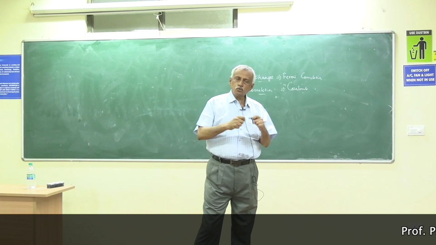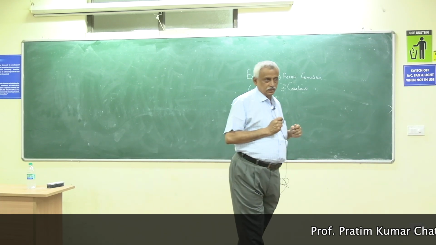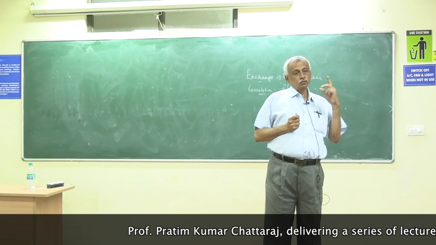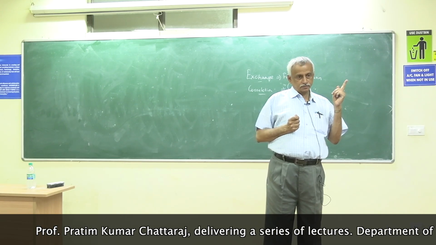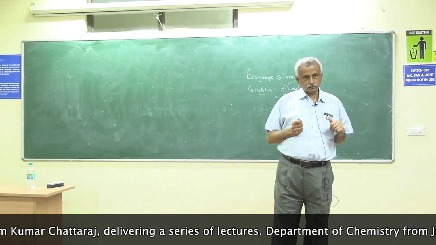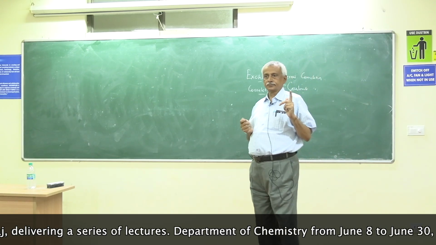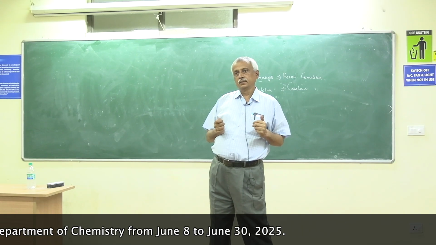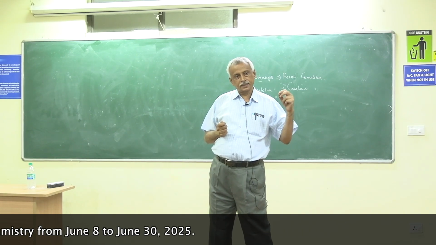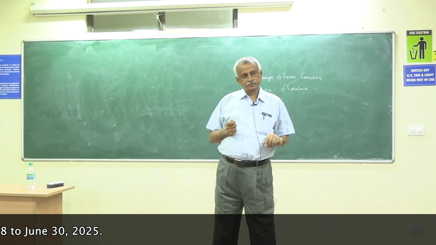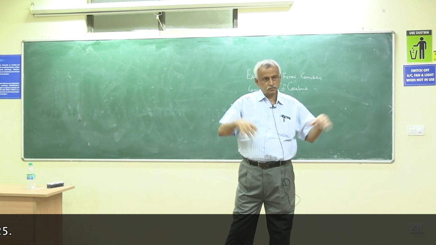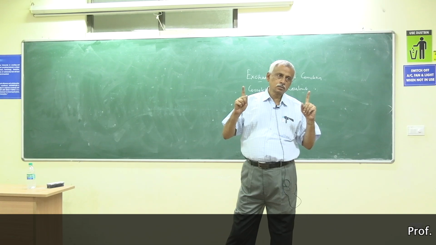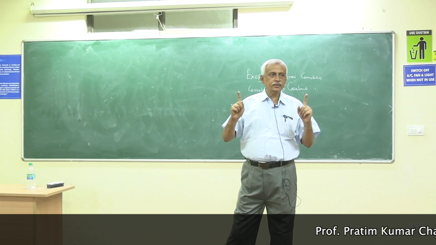When they come very close to each other, what happens? First of all, we did not take spin into consideration. Each orbital is defined in terms of three quantum numbers, let's say n, l and ml. I am saying this crudely for atoms, three quantum numbers. Now suppose two electrons have the same spin.